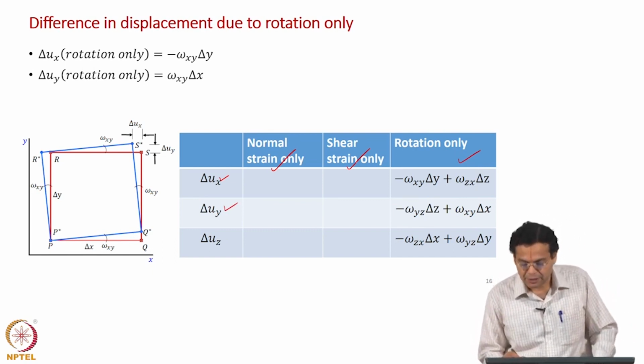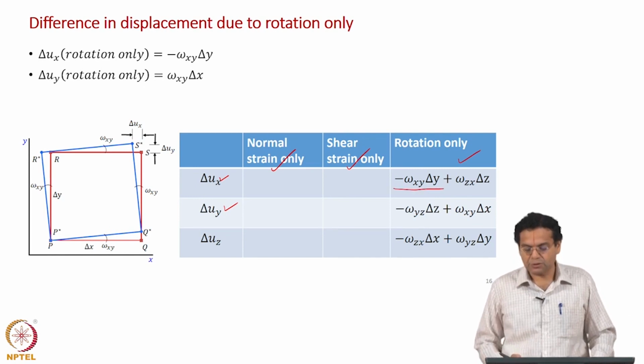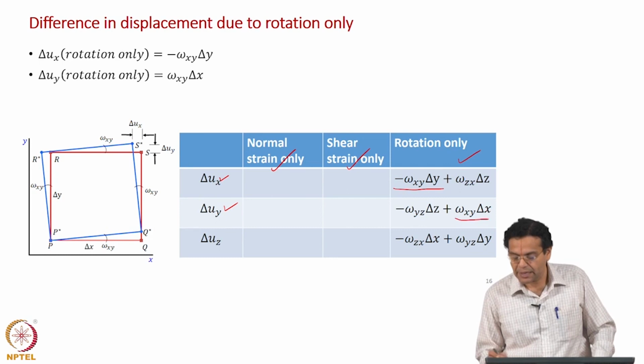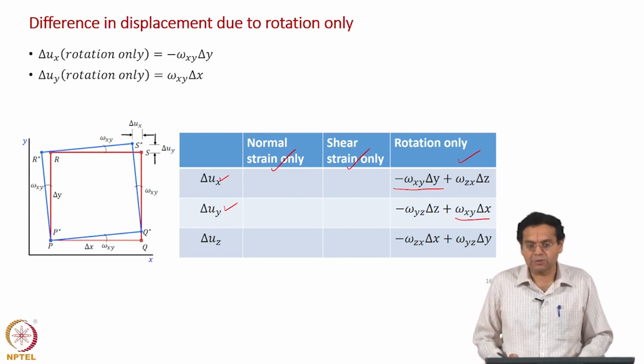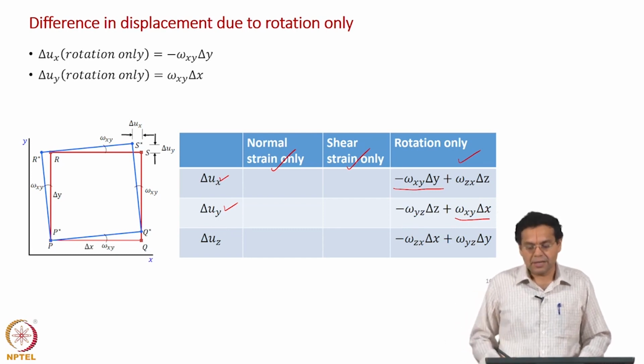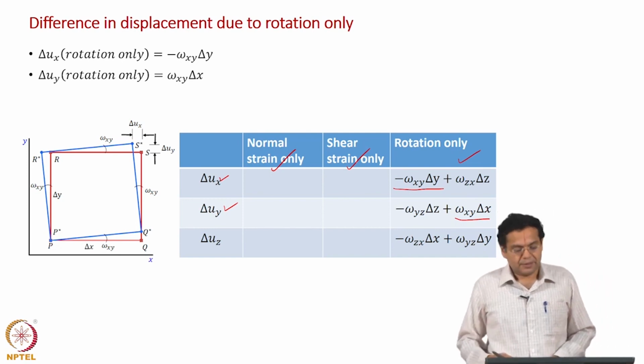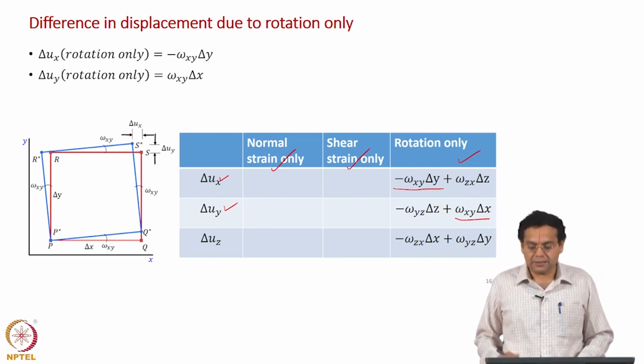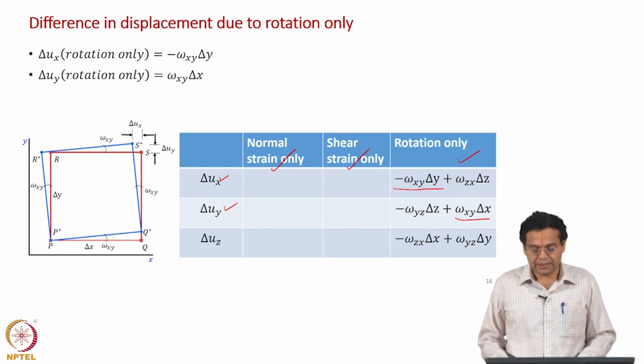So, delta ux entry is minus omega xy delta y, and delta uy entry is omega xy delta x. Of course, you have to be careful about sign. One is minus omega xy delta y, other is plus omega xy delta x, and when you write analogously for the other directions, you have to take care of the sign as well.